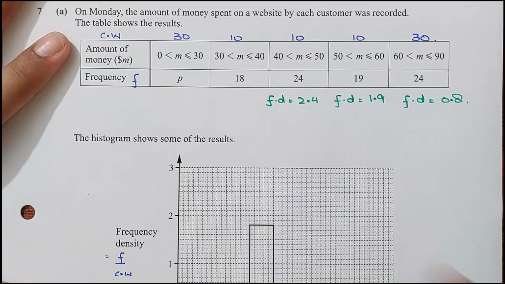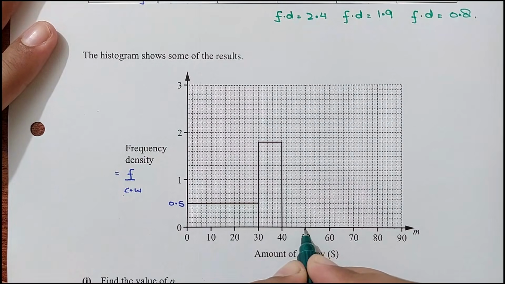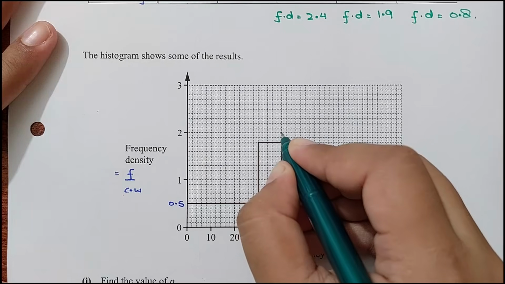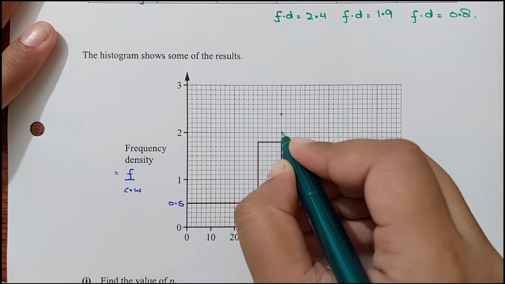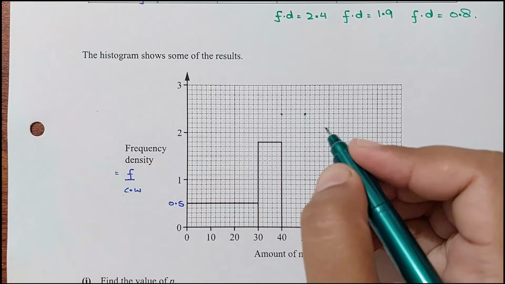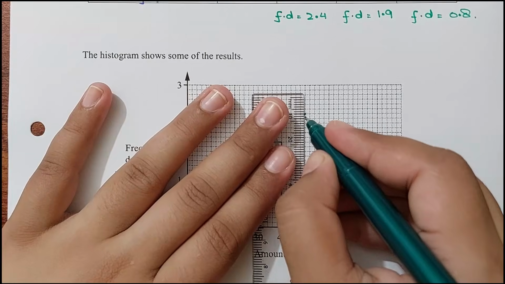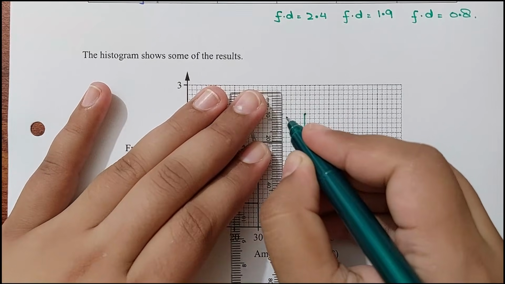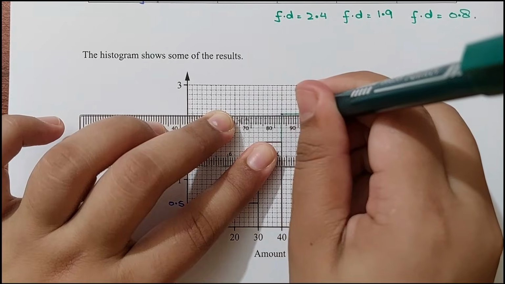Okay, let me complete the histogram. 40 to 50 is 2.4. 40 to 50, this is 2.1, 2, 3, and 4. Yes, between 40 and 50, right?